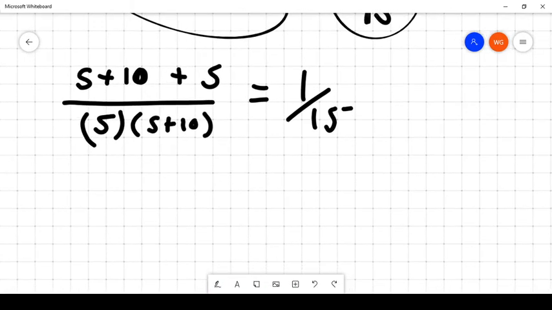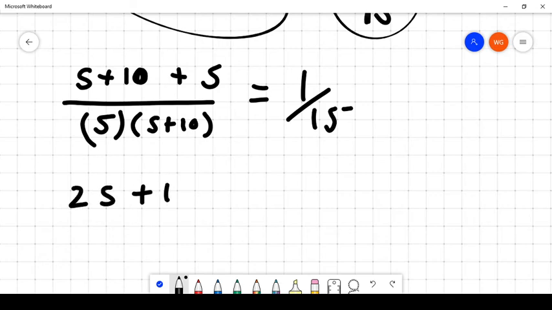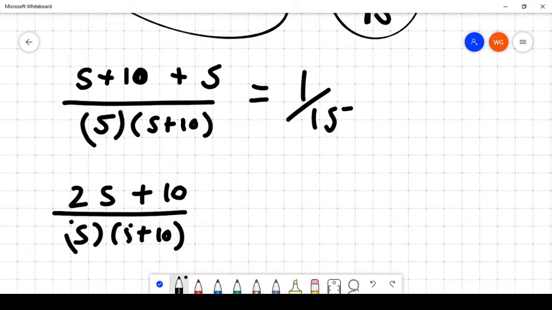All right, and now I'm going to try to solve this. So what I'll do is I'll combine some like terms together, and what I'll end up with is 2S plus 10 over S times S plus 10 is equal to 1/15. And then what I'm going to do is I'm going to multiply both the left side and the right side by S times S plus 10.